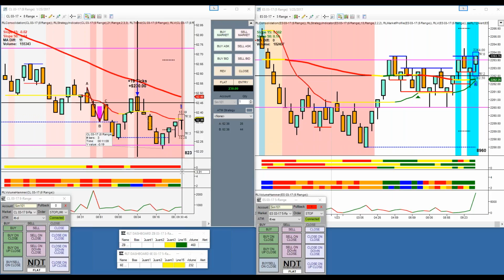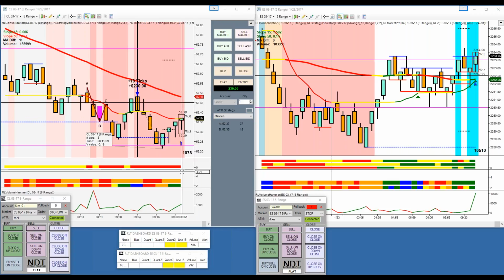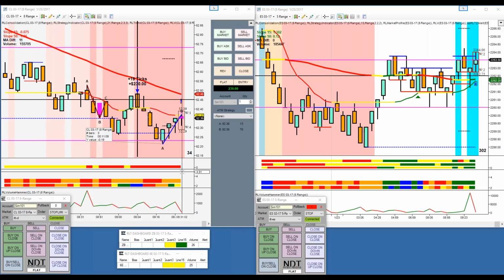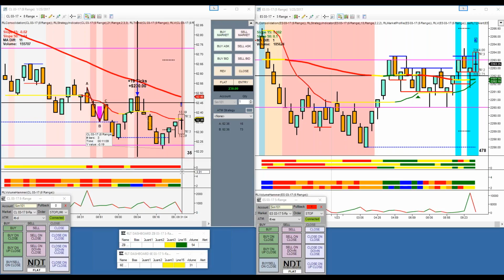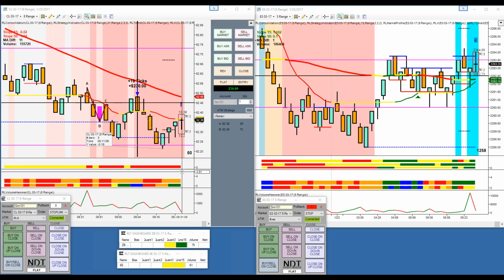All right, let's look for a long trade on the E-mini. All three quants green. In fact, we've got triple green quants and order flow and momentum. Let's see if it's going to push the market up.